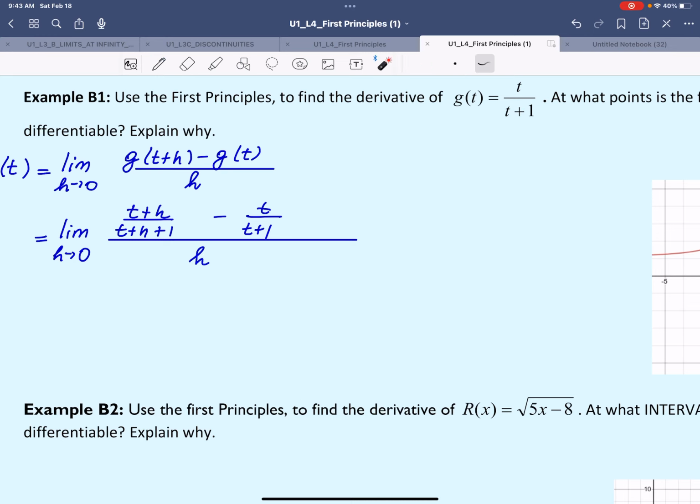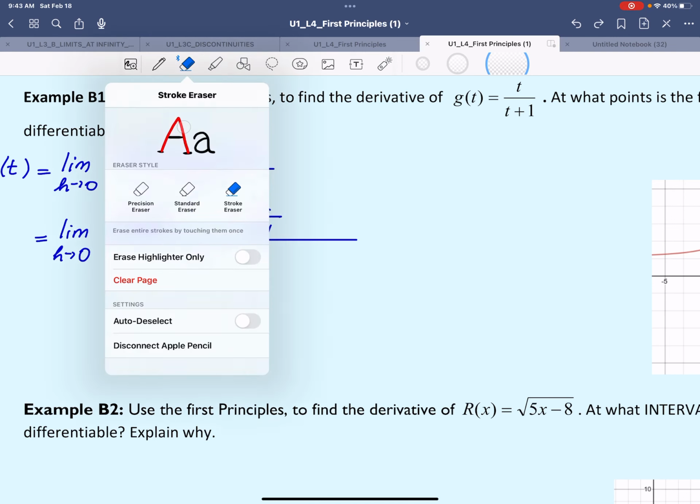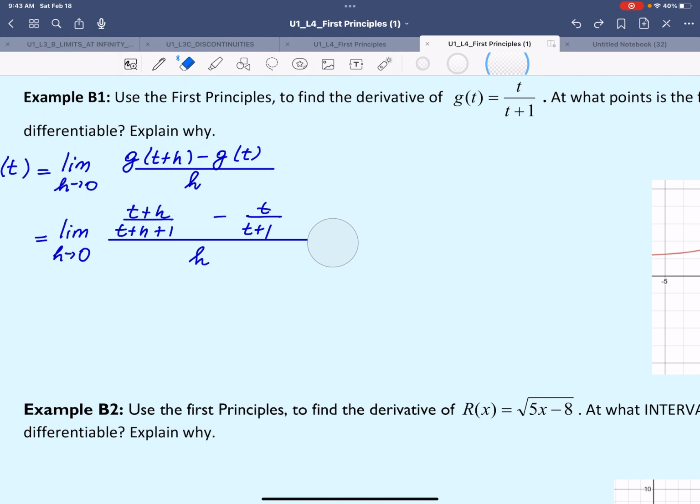So next we'll try to simplify this expression as much as we can. For this, we are going to subtract the two fractions or rational expressions. We have the limit as h approaches 0. We have a long fraction.